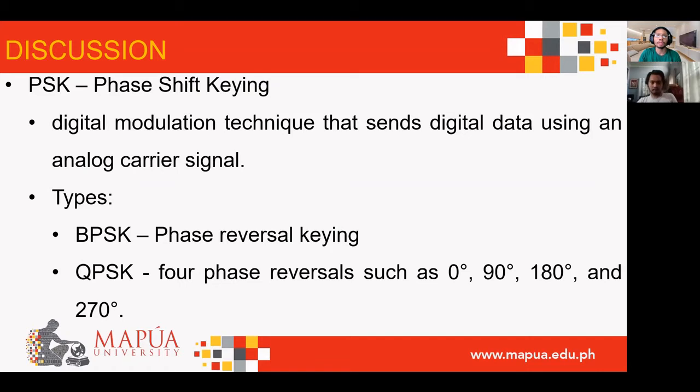PSK is of two types, which are BPSK, or phase reversal keying, and QPSK, or four phase reversals, such as 0 degrees, 90 degrees, 180 degrees, and 270 degrees.